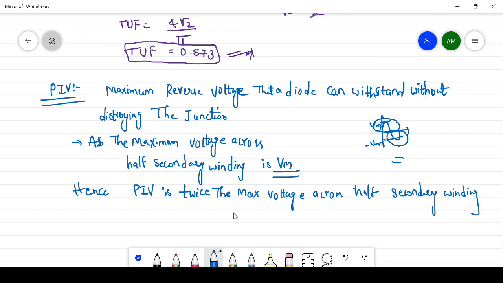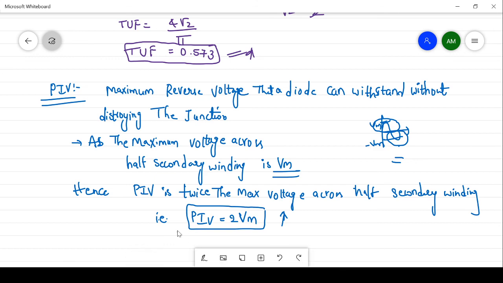So 2 into Vm. That is, the PIV of full wave rectifier is 2 Vm. So PIV is also increased here. When the PIV is increased, the diode cost is also increased. That is one of the disadvantages of full wave rectifier.